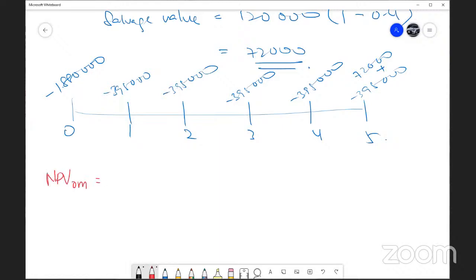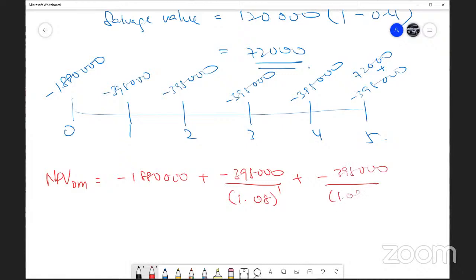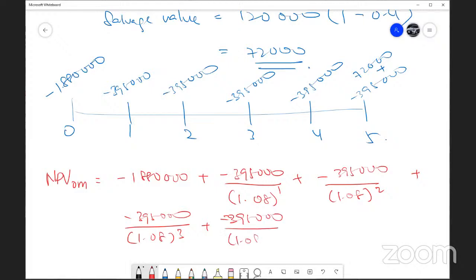So NPV of the old machine is negative 1,880,000 plus negative 395 divided by 1.08 power of 1, negative 395 divided by 1.08 power of 2, negative 395 divided by 1.08 power of 3, 1.08 power of 4.